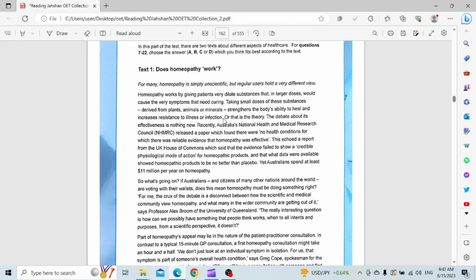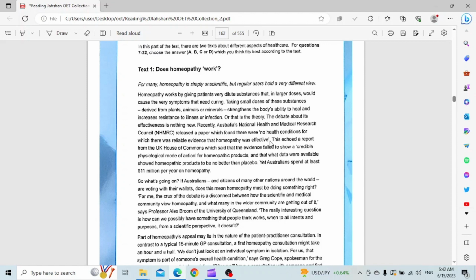So until now, I know the definition and I know its effect, or that is the theory. The debate about its effectiveness is nothing new. Okay, the debate until now. Recently, Australia's National Health and Medical Research Council released a paper which found there was no health condition for which there was reliable evidence that homeopathy was effective.